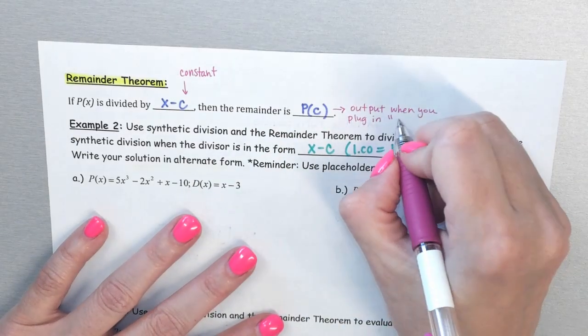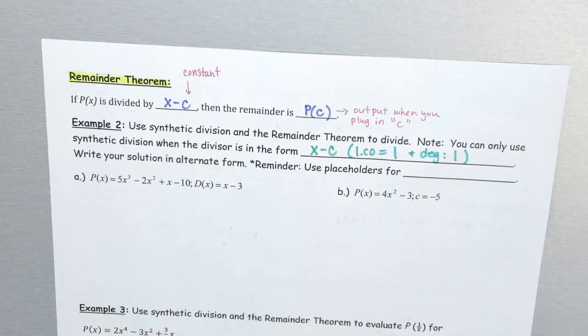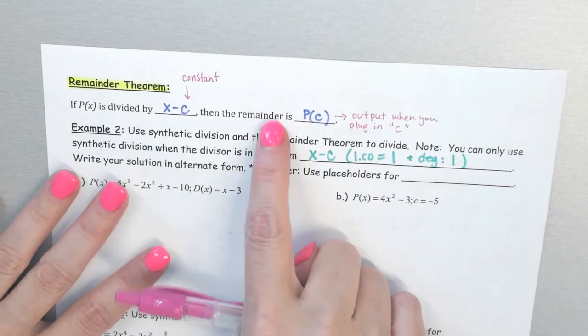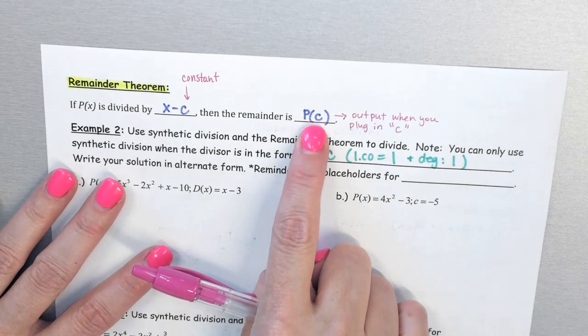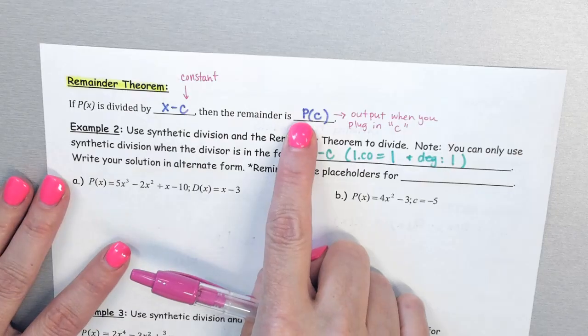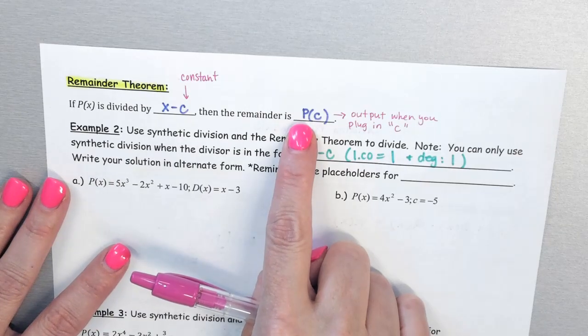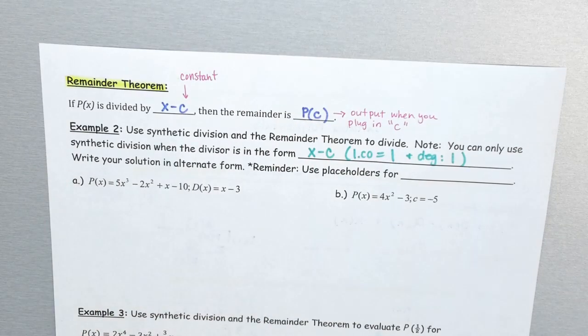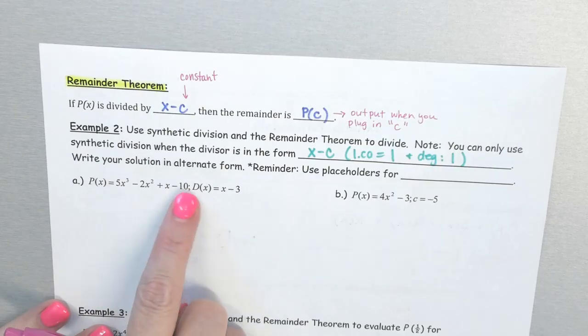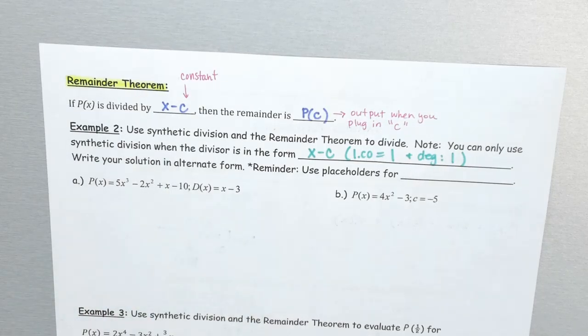You plug in C. Okay, so what that is saying is if you are dividing by the factor x minus c, then your remainder is what you get when you plug c into the polynomial. Okay, so those are going to match. Like your remainder, if you were to plug this in, that should be the same. Okay, and we'll look at that.